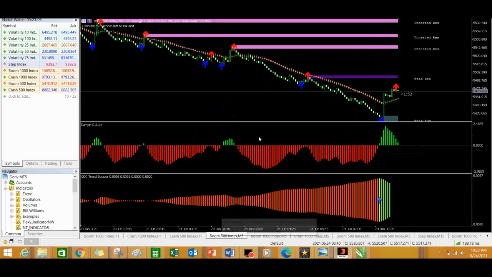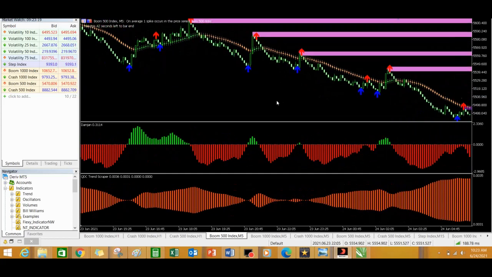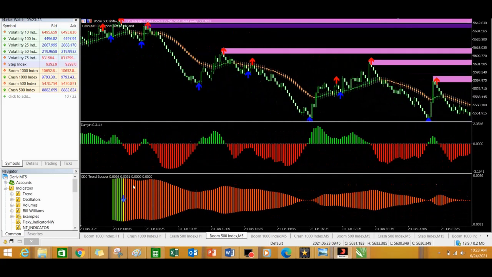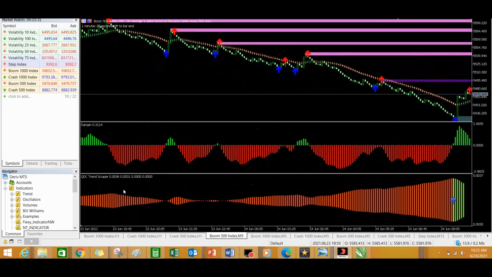Let's check out what is happening with Boom 500 using the QDC scraper indicator. For Boom 500 we can see that it's been on a very strong downtrend for a while. You can see the beginning of the trend; it started from here, and it's been going down since then till this level.